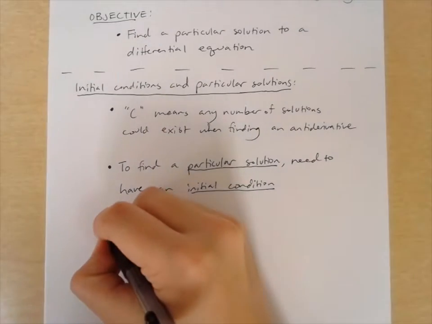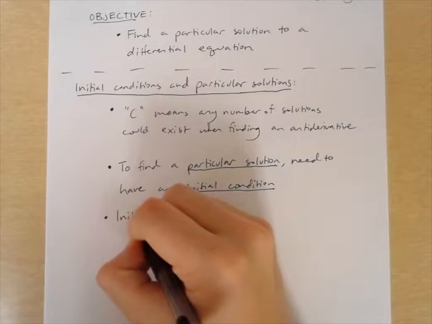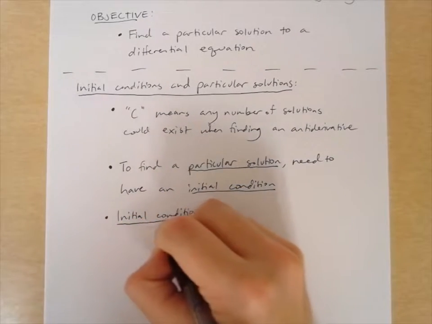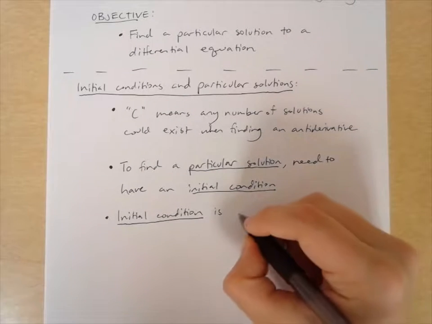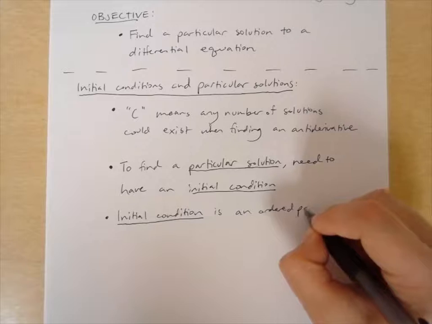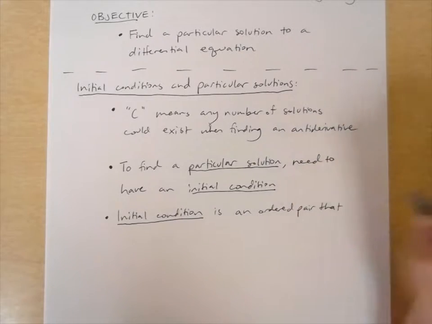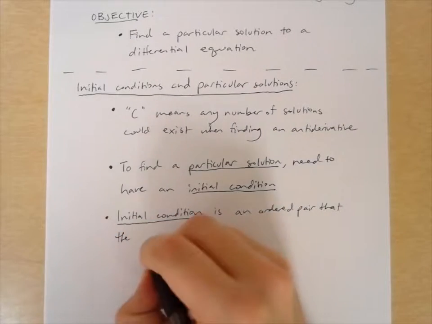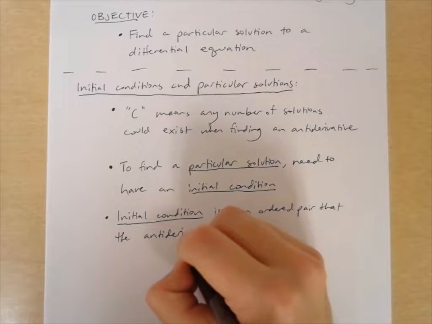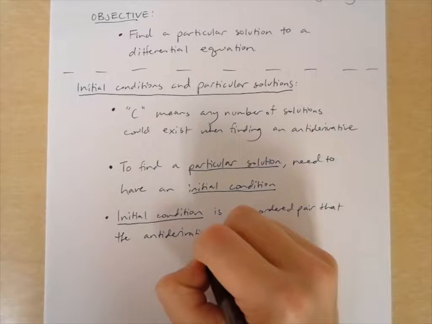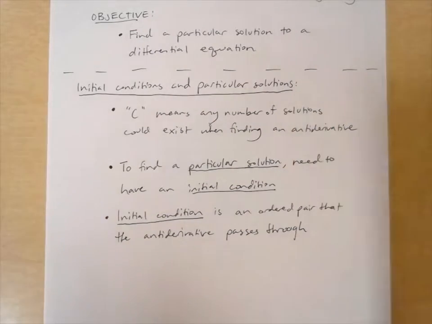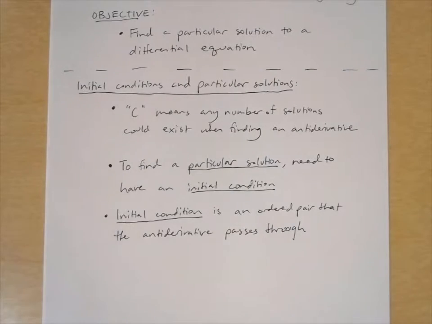And what an initial condition is, I'm going to underline it again: an initial condition is an ordered pair that the antiderivative passes through. And we can do a quick example of this.